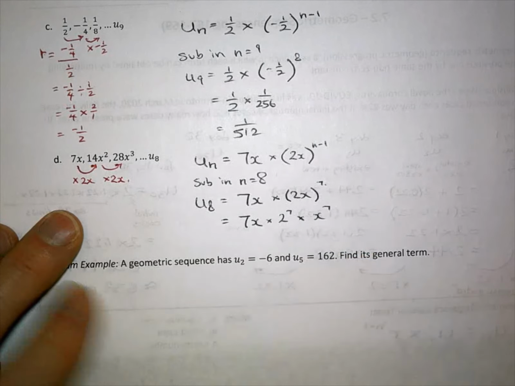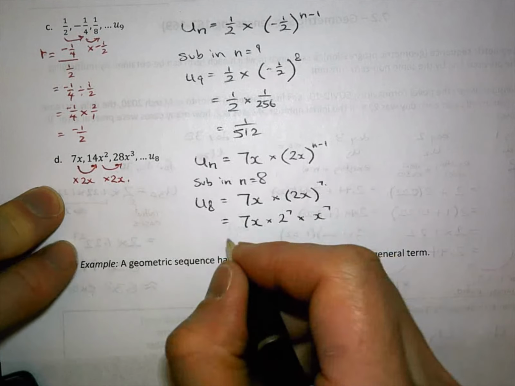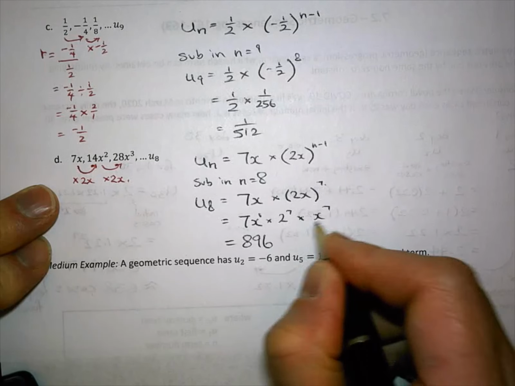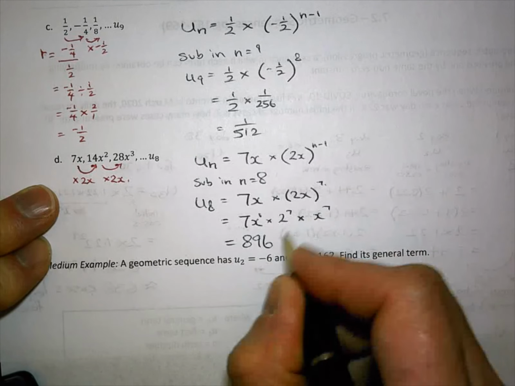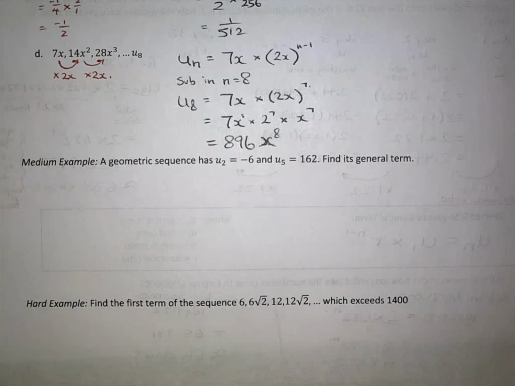So you end up with 7 times 2 to the 7. So you get 896, and you end up with x to the power of 1 times x to the power of 7. So you add those exponents and you get x to the power of 8.